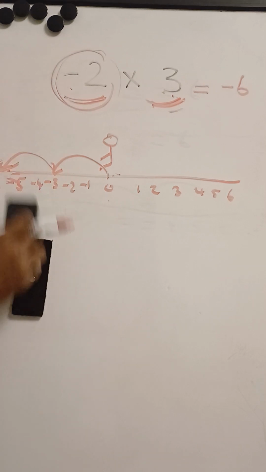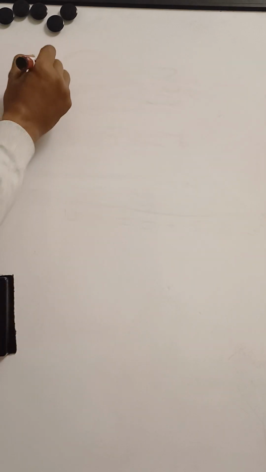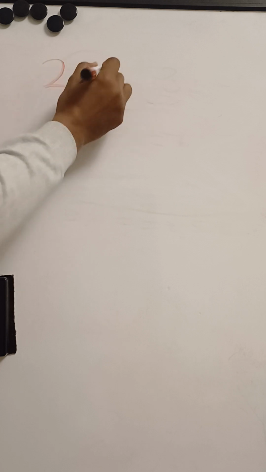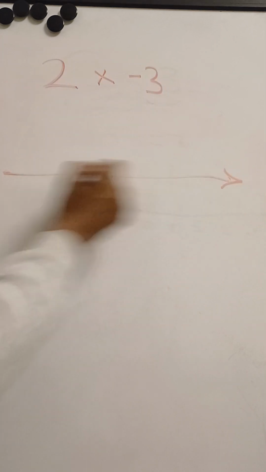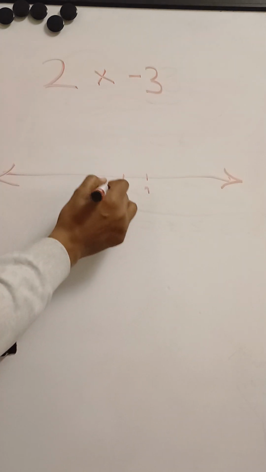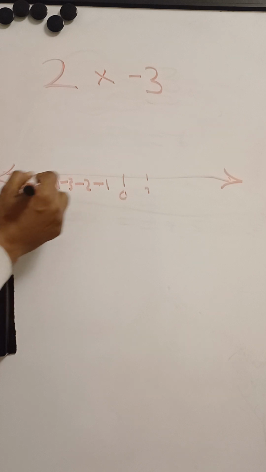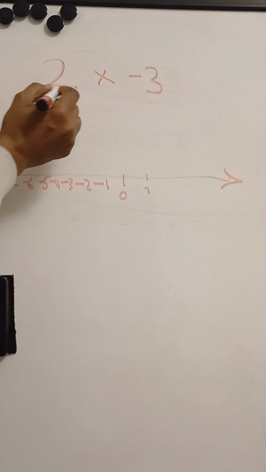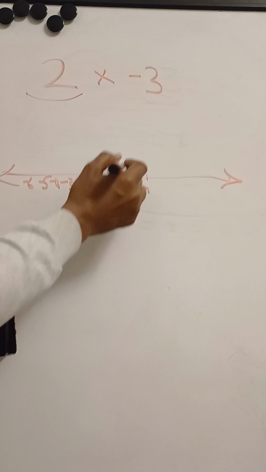Let's take the same example, but let's say 2 times negative 3. We have 0, 1, negative 1, negative 2, negative 3, negative 4, negative 5, negative 6. So 2, is it positive or negative? It's positive. To which direction do we look at from the 0?